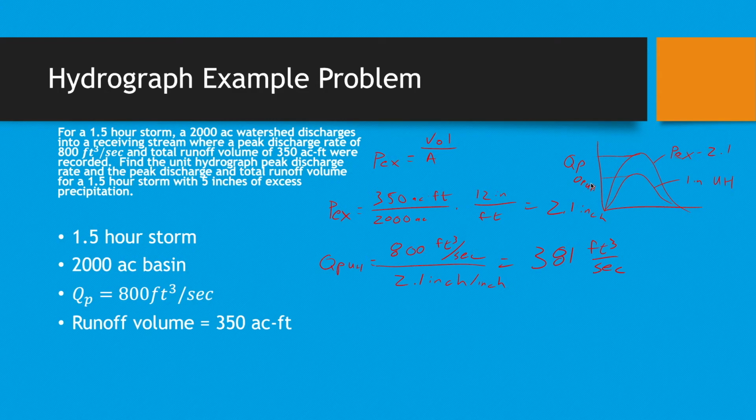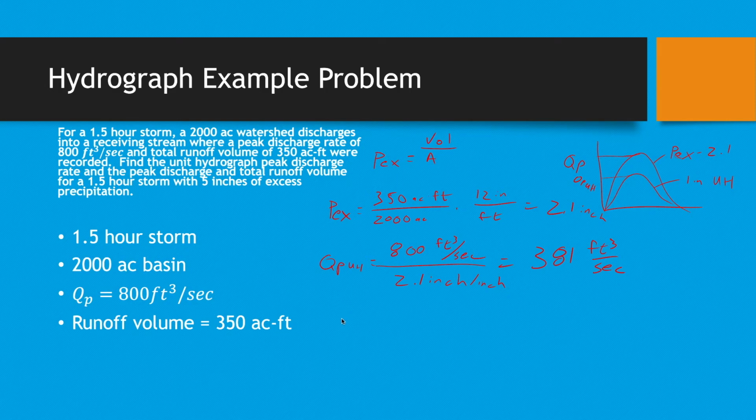Now, the next couple of things we want to do, we want to find the peak flow rate and total volume for a similar duration 1.5 hour storm and 5 inches of net precipitation or excess precipitation. That's pretty simple. The first thing, we already know what it is for the unit hydrograph.